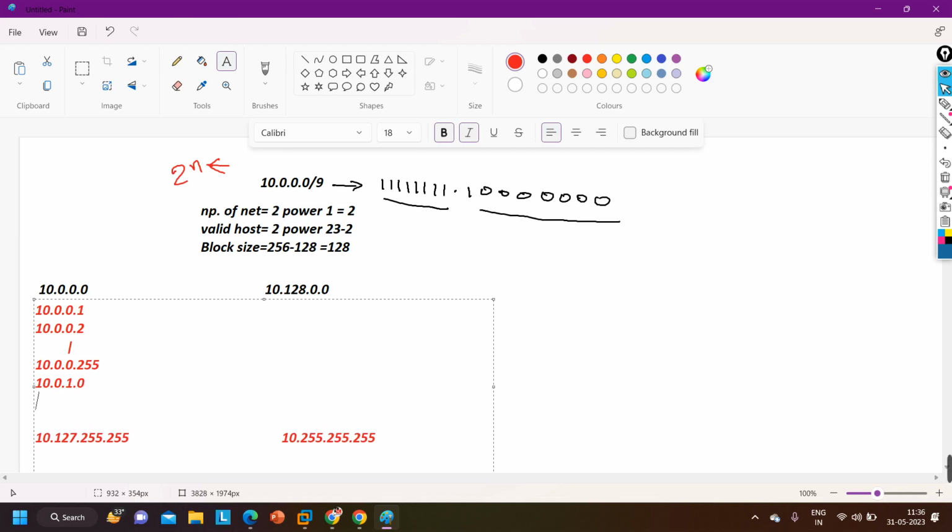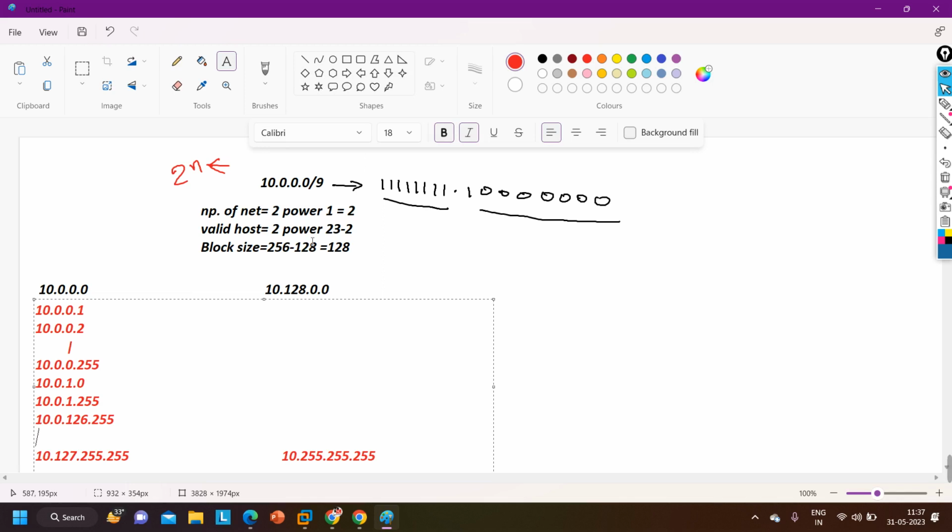Then 10.0.1.255, and then 10.0.128.0, right? Yes, 127. Okay, yeah. That's a lot of IP addresses. 126.255, like this, right? There are lots of IP addresses.